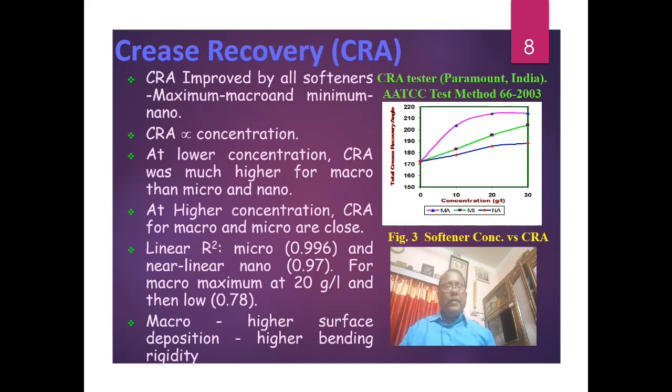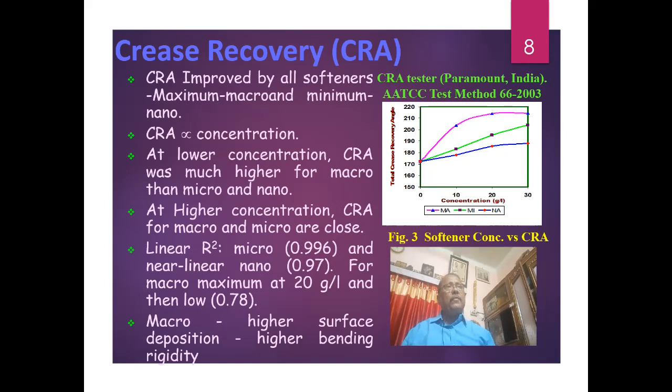If the angle of recovery is 0, that means no recovery, very poor, there is no crease recovery. But if it is 180, that means complete recovery. In most of the cases, it is less than 180 degree.